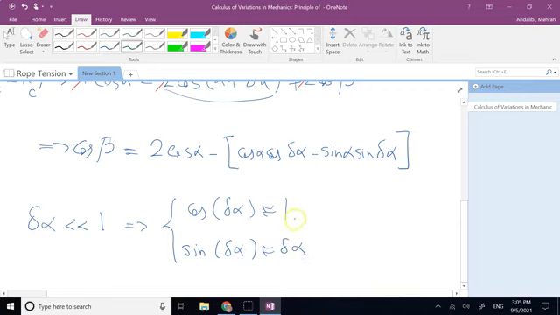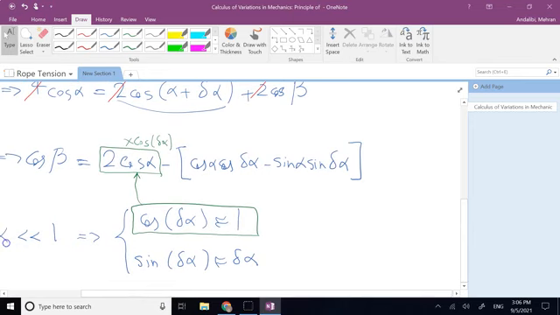If I use this here, since it is approximately 1, I'm going to multiply this term by a 1, right? If I multiply any term by a 1, it's not going to make any difference. It's going to stay the same. But instead of 1, I'm going to multiply it by what? By cosine of delta alpha, right?